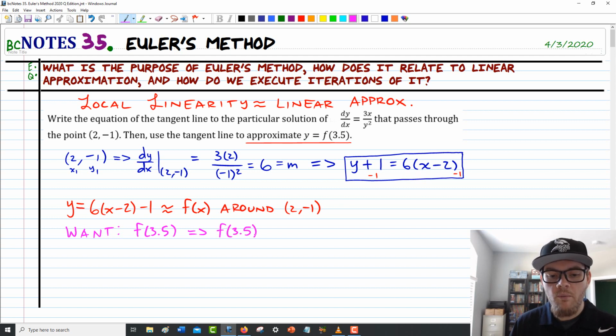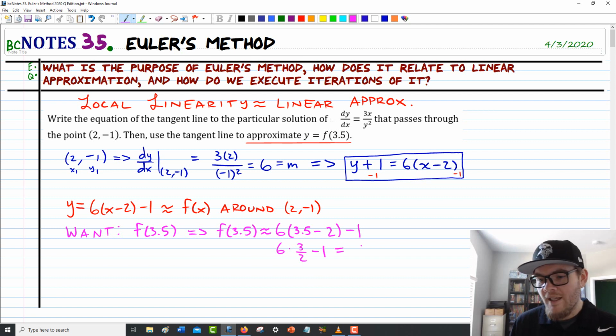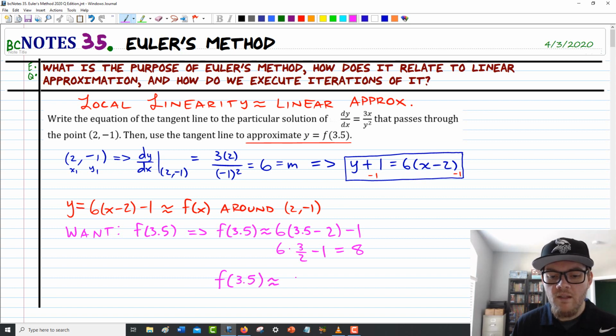So f of 3.5 is going to be equal to our tangent line with 3.5 plugged in. When we simplify that out, that's 6 times 1.5, so 3/2. 18/2 is 9, minus 1 is 8. So our linear approximation says that f of 3.5 is approximately equal to 8.